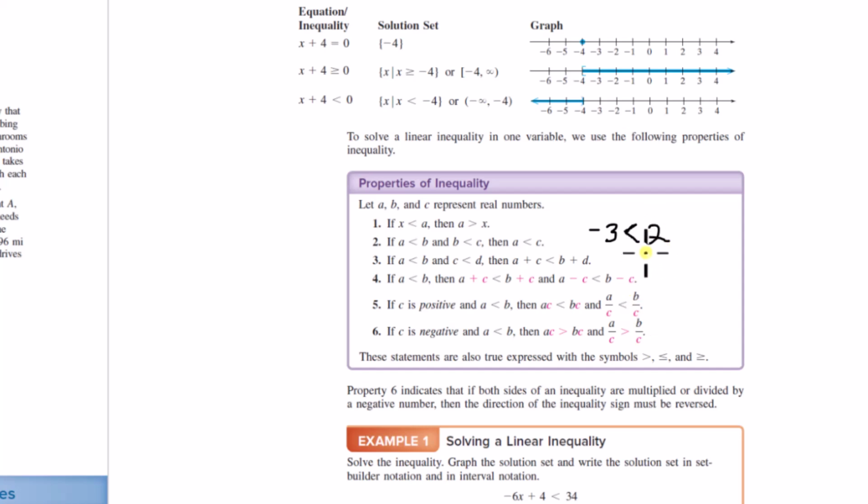Now, I'm going to add something to this minus 3 and something to this 2, not necessarily the same thing. But all I know is that what I'm adding to this minus 3 is less than what I'm adding to 2. But starting off, as we can see, this is already less than this. Then 100% the result on this side is going to be less than what this results in on this side.